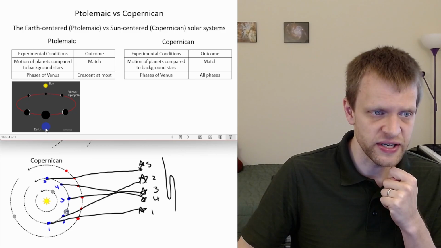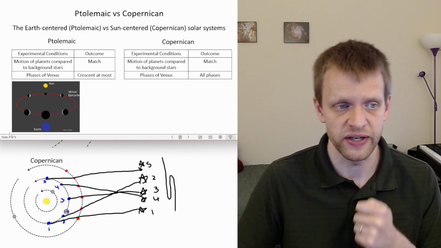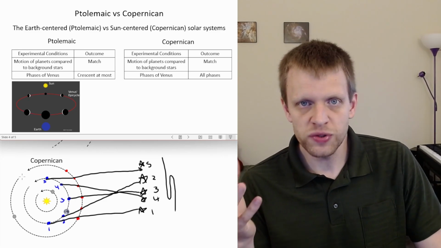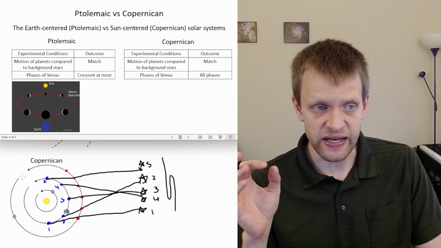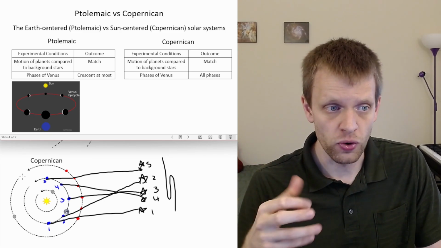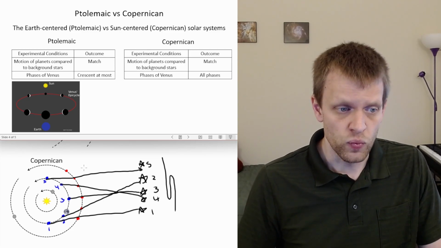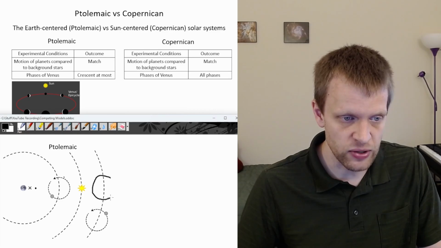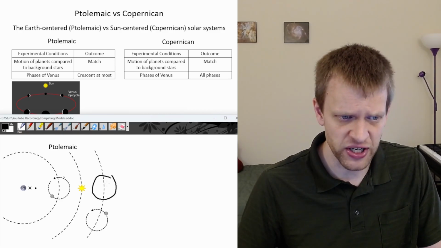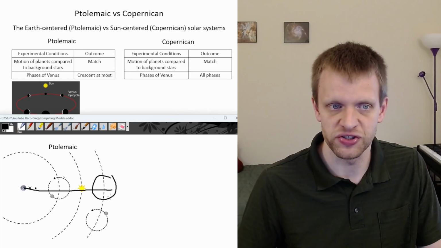Okay? So let's say here's the Earth, here's Venus going through its epicycle, and the sun is on the far side. If that's what's happening, we would never be able to see more than just a thin crescent for Venus's phases. We could also adjust this and say, well, what if Venus was entirely outside, going on an epicycle completely outside, but still lined up with the sun like that?